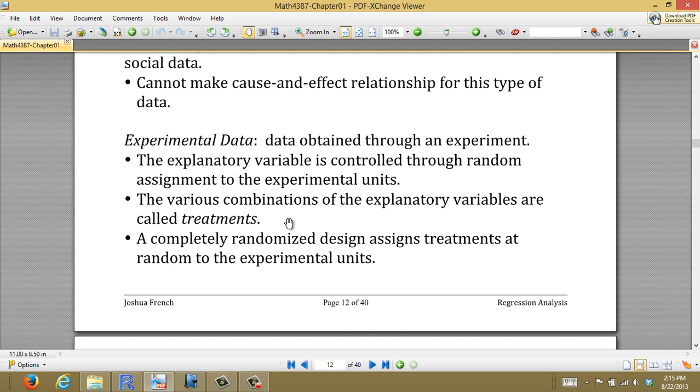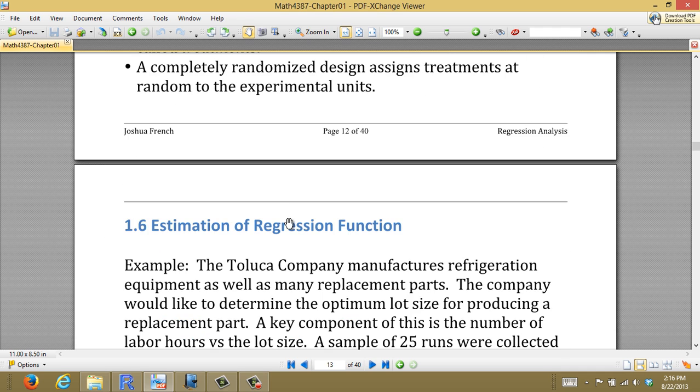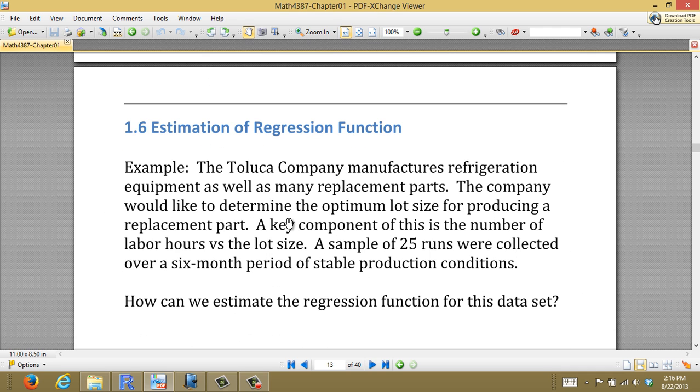So if we only have a single explanatory variable, maybe different kinds of cough medicine, each kind of cough medicine would be a different treatment. The most basic kind of experiment is the completely randomized design, where each of the different treatments is randomly assigned to the experimental units. We won't talk a lot about experiments until about the last 2 weeks of the semester or so, but experimental design is a very important aspect of regression and statistics.